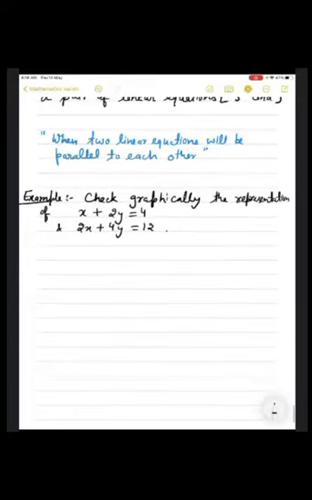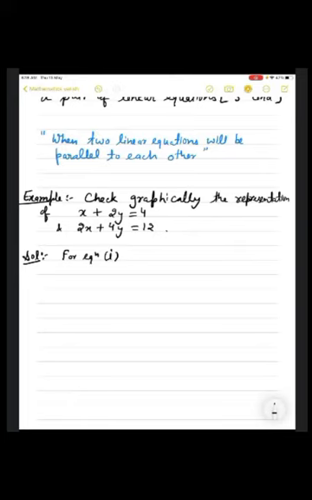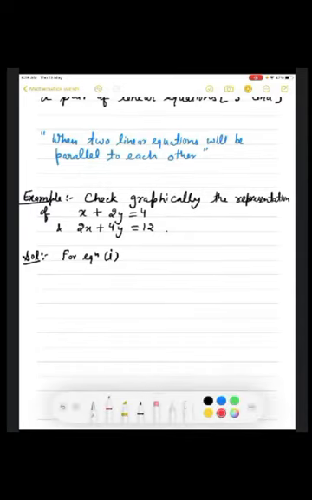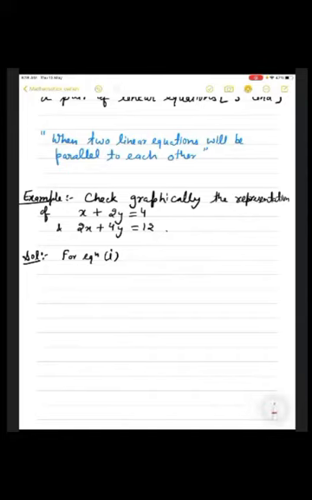So again we know which form we will be using to plot these graphs. We'll be trying to plot the graph of these equations with the help of intercept form. So what intercept form says, for equation 1 we'll try to change it. For how to use intercept form, we can check the other video for this. So we are aware what intercept form has to say.